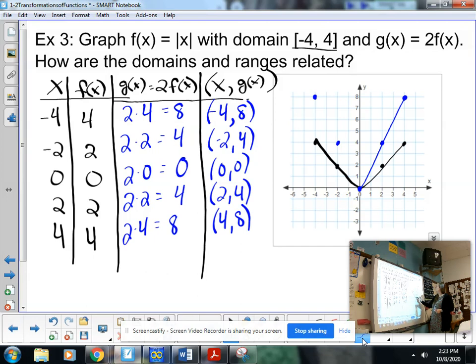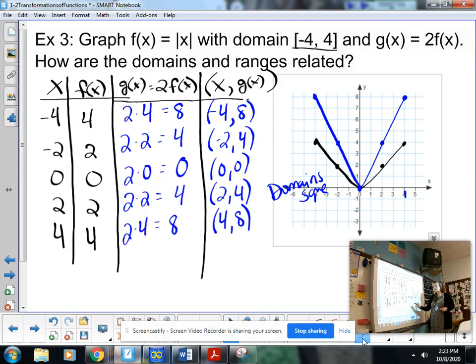So you can see here, when I draw in my blue section, we have a question here: how are the domains and the ranges related? Well, the domain of the black and the domain of the blue are actually the same thing. So the domains are the same. They're both going from -4 to 4 on the x.